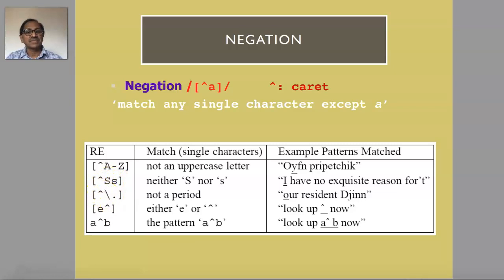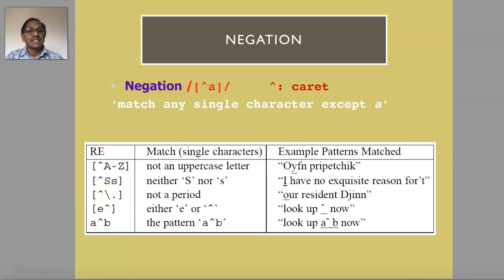Similarly, caret slash dot, that means not a period. Here we are not using period as an operator. We are using it as a period. That's why we are using slash. Look at the use of slash here. When you use a slash inside these square brackets, we are using it to specify that whatever occurs is not an operator.